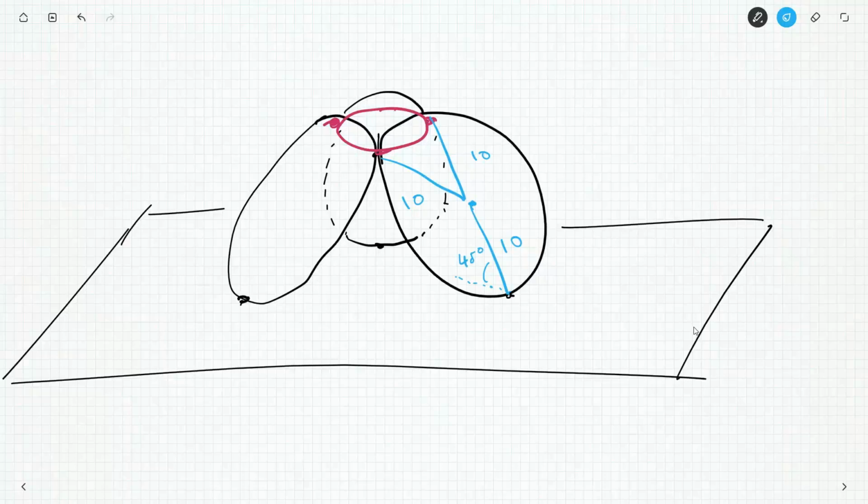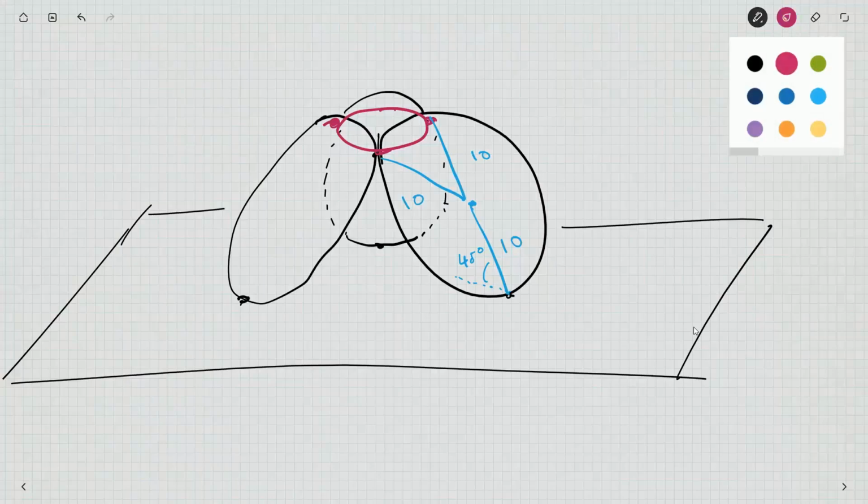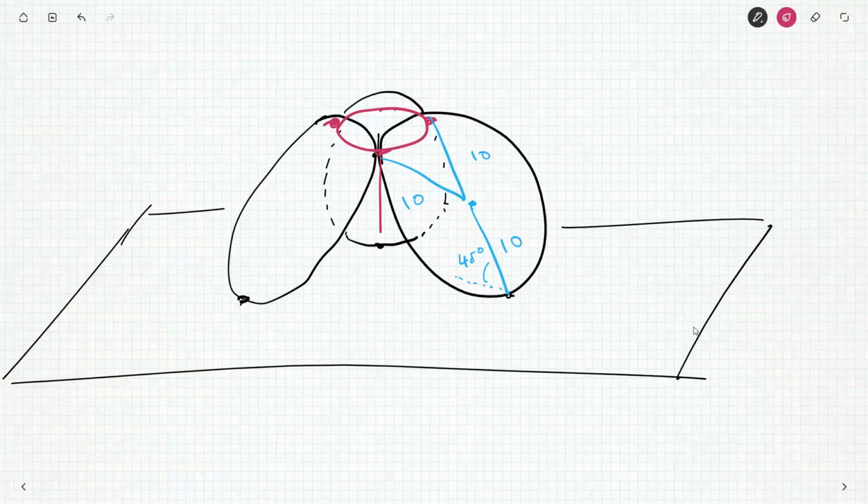So, what can we see? Well, the circles being parallel mean that these points of tangency are all the same sort of height away from the plane. Probably some height h that I'm going to need.